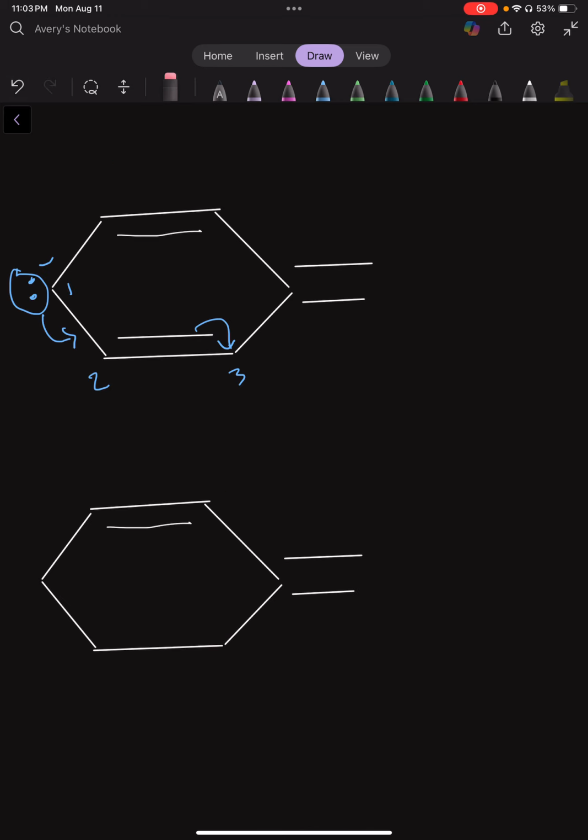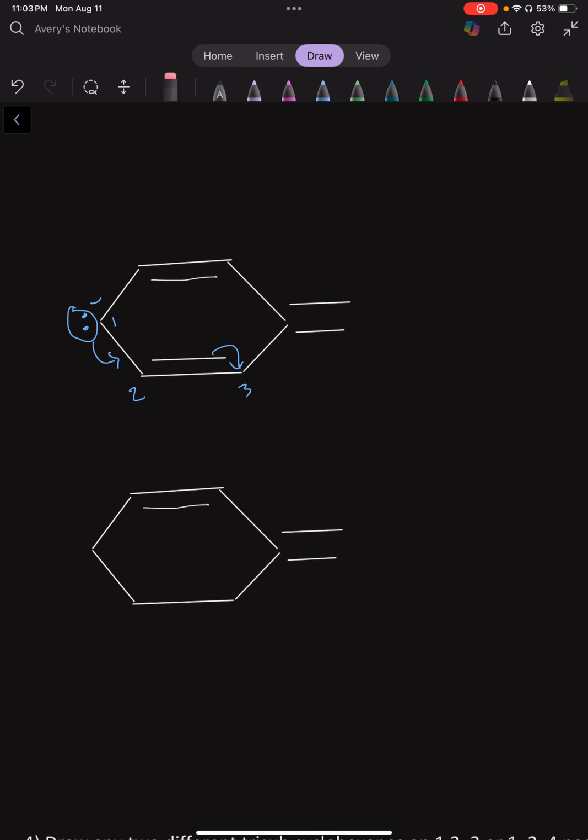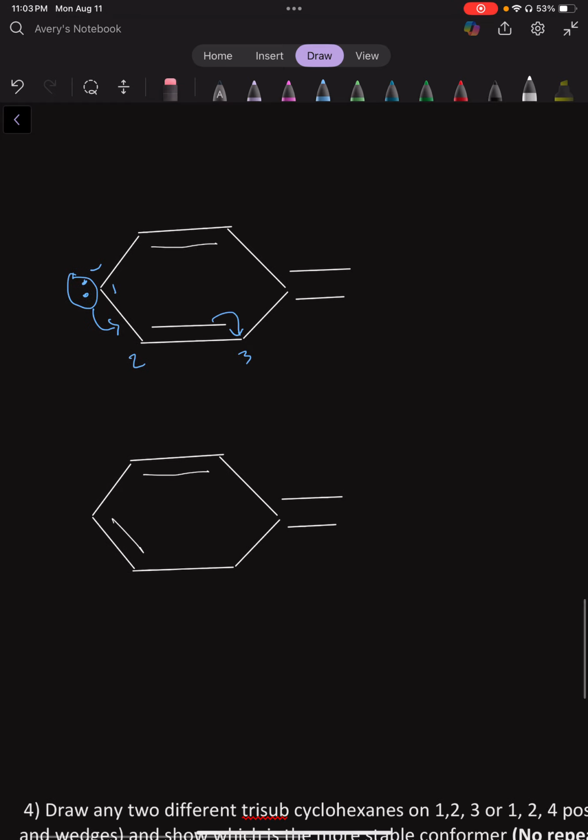Now we have a pi bond here, and we have lone pairs here.